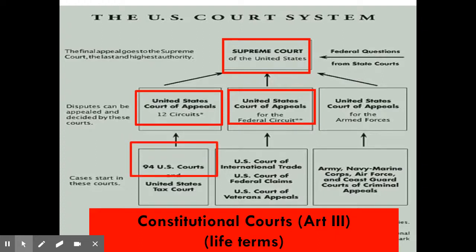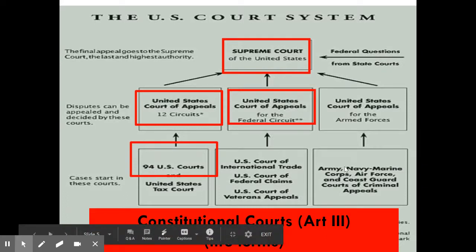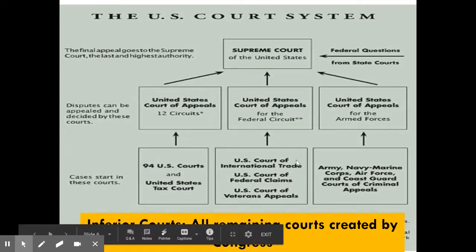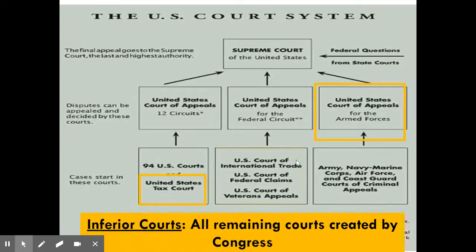And that one too, like the district courts. Those in the yellow boxes are courts that were created by acts of Congress. Congress passed a law saying we need a tax court, or we need an international court of trade, or we need military courts. All of those were created by acts of Congress.